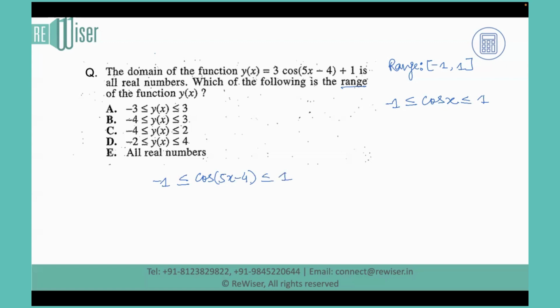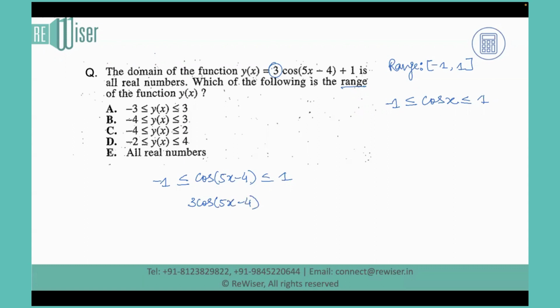Now we are going to convert this into the given function y of x. Here, I'm going to multiply by 3 first, as it is multiplied with cos. So in the next step, 3 times cos of (5x minus 4).